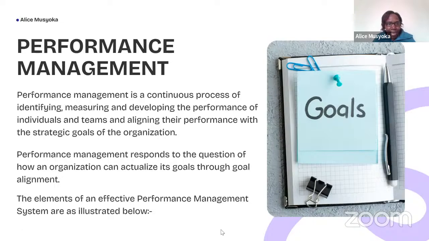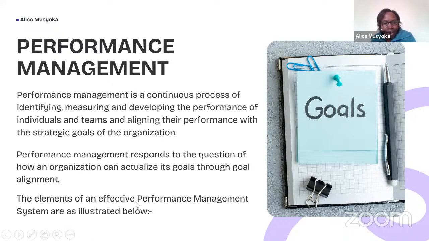Looking at performance management, it is a continuous process of identifying, measuring, and developing the performance of individuals and teams, and aligning their performance with the strategic goals of the organization. Performance management responds to the question of how an organization can actualize its goals through goal alignment.